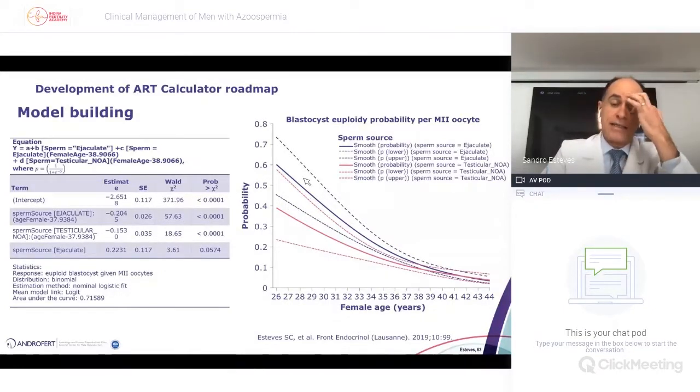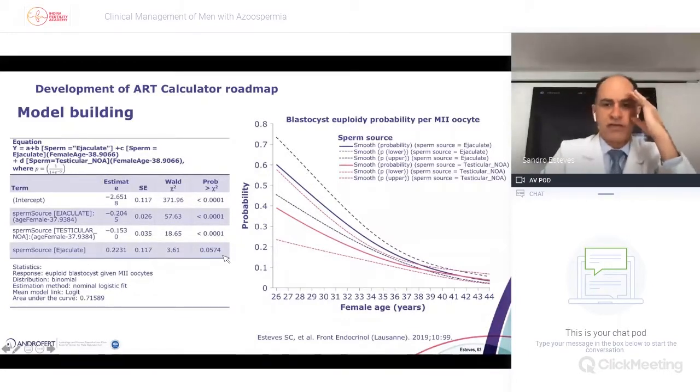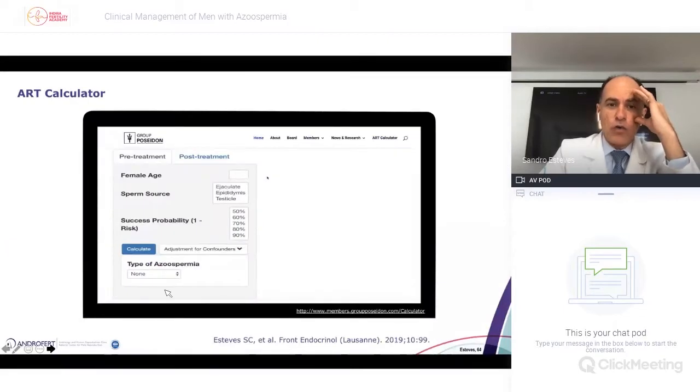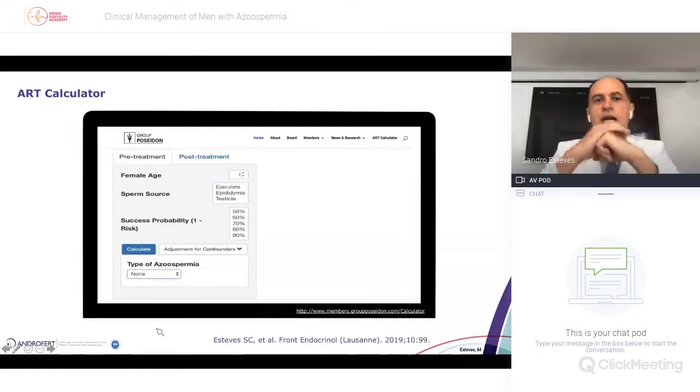So it's quite clear that the probability of having a euploid blastocyst per M2 oocyte is significantly lower when we use testicular sperm from patients with non-obstructive azoospermia. So in that case, we need to have more oocytes, and the calculator could provide that information for us.